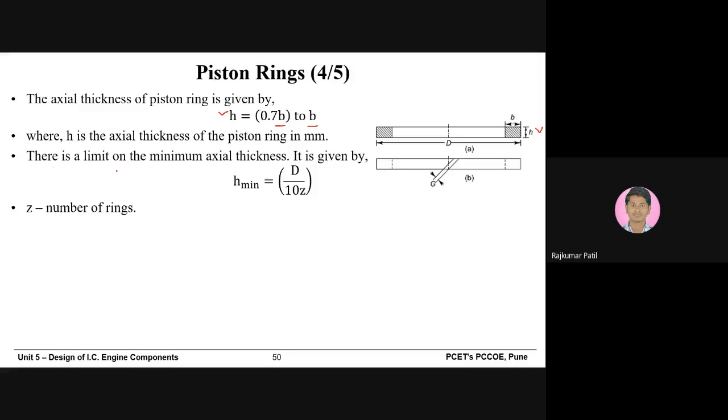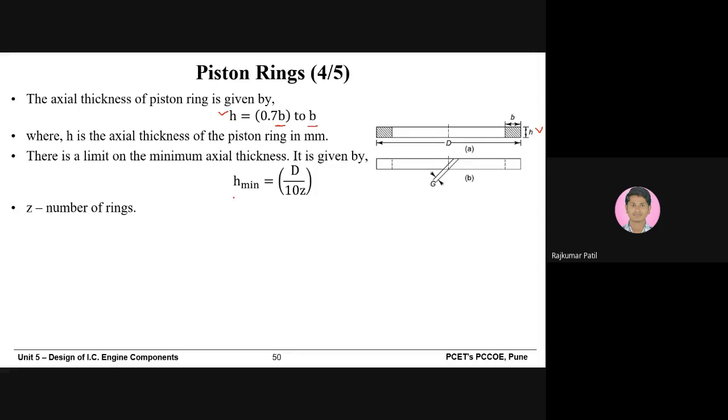Again, there is a limit on the maximum axial thickness because the height of the piston is limited, and again we need to use 4 to 6 piston rings. So the value of H should be restricted to a certain value so that it will perform its intended function.